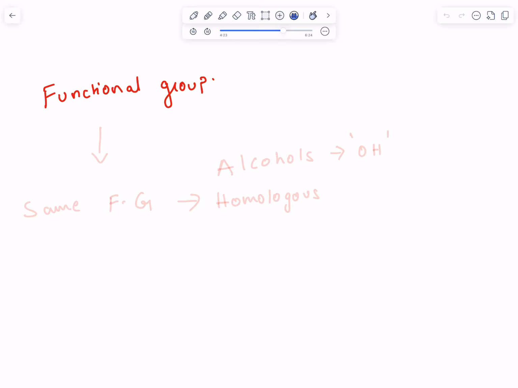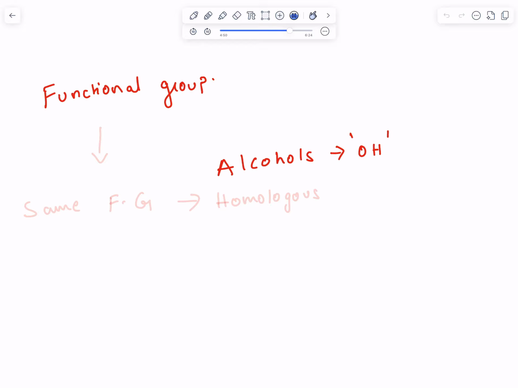A functional group is a specific atom or a group of atoms which confer certain physical and chemical properties onto a molecule. For example, whenever you're looking at a formula of alcohol, you will always find the OH functional group in that.